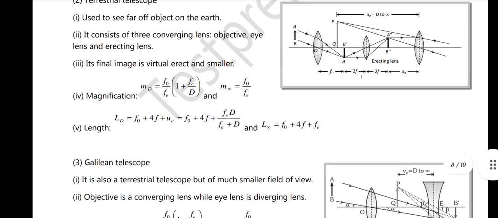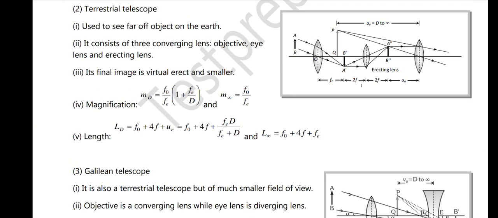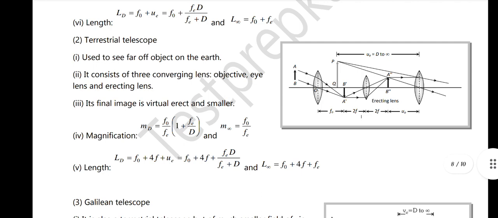It consists of three converging lenses: objective, eye lens, and erecting lens. Its final image is virtual, erect, and smaller. The final image that we get after passing light is a virtual, erect, and smaller image.